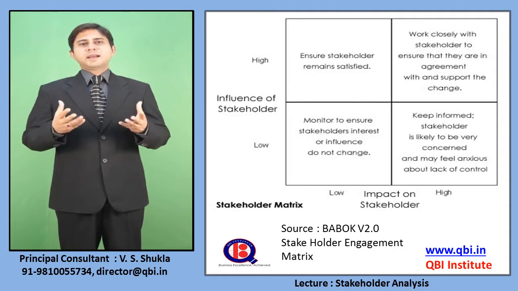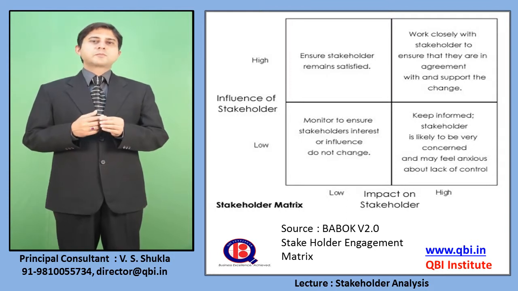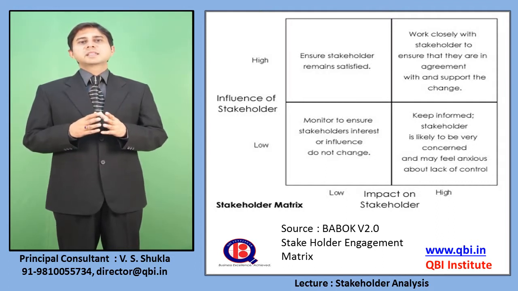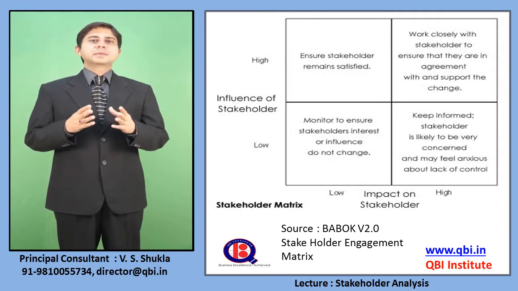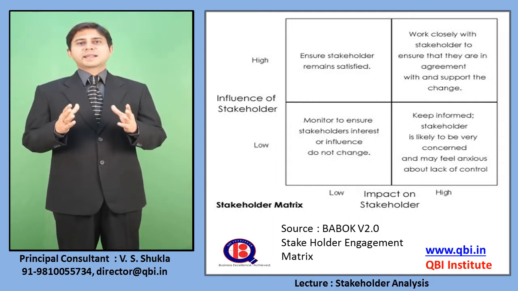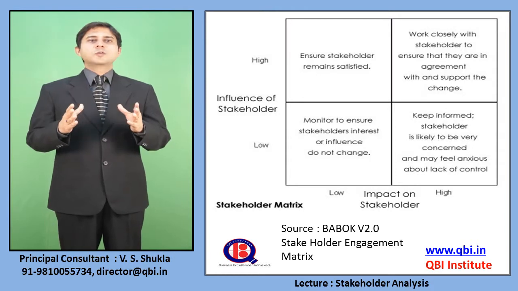Now when we have classified our stakeholders on the basis of power, support, influence and need, now comes the time to engage with these stakeholders through a predetermined strategy. That strategy is the stakeholder matrix. Have a look at the stakeholder matrix.